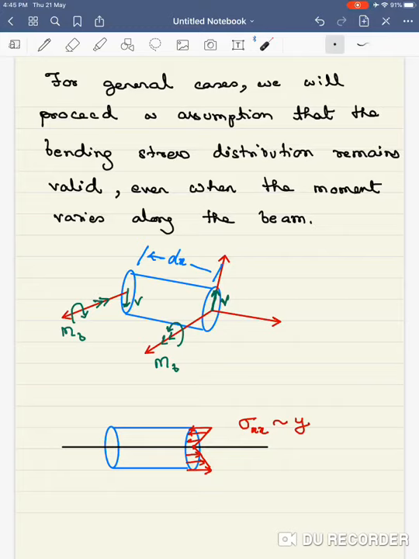So I hope this clarifies a very important problem, which is how do you calculate these important values when it comes to real problems. So maybe we should just take a look at one sample problem. Okay, so let's do that. Okay.